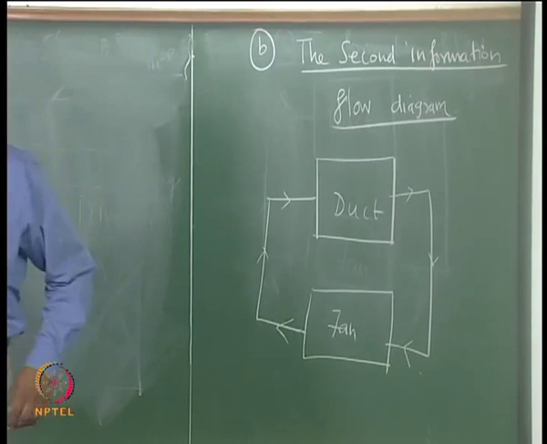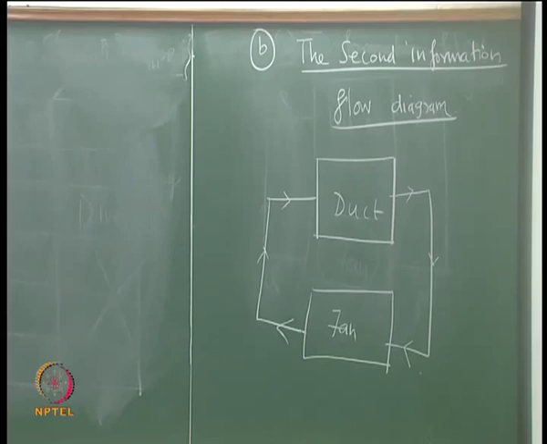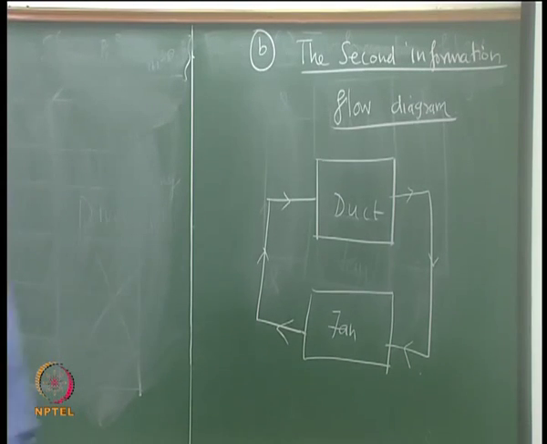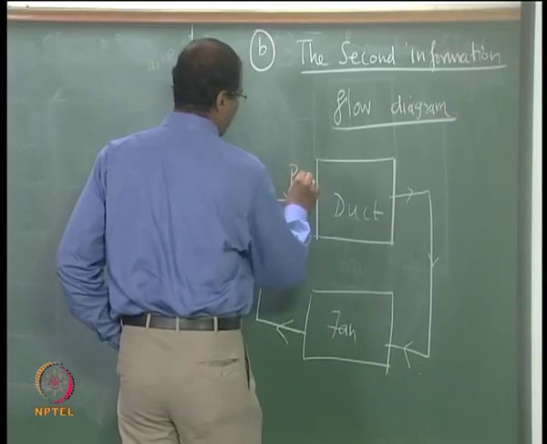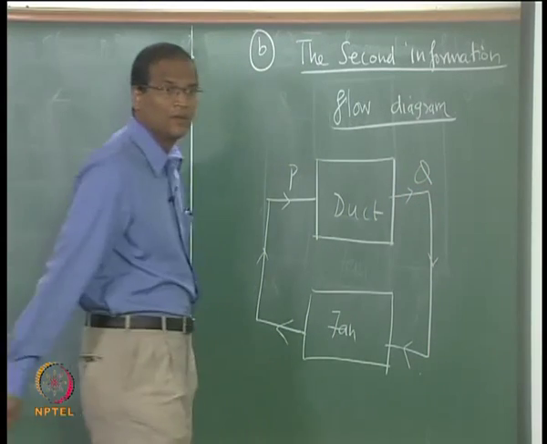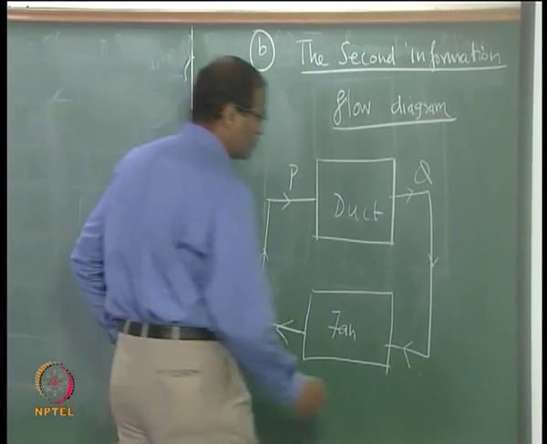Yeah, now tell me. I will use for the duct P as the input, for the fan I will use Q as the input.